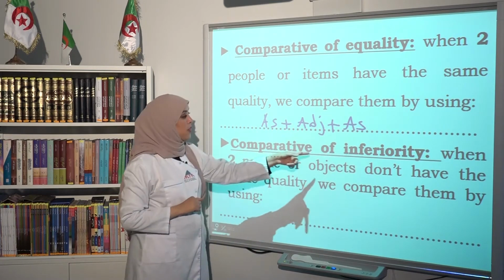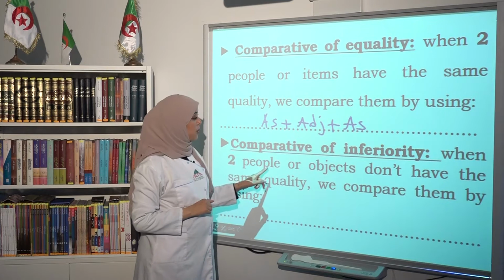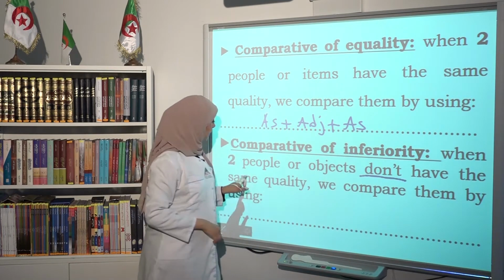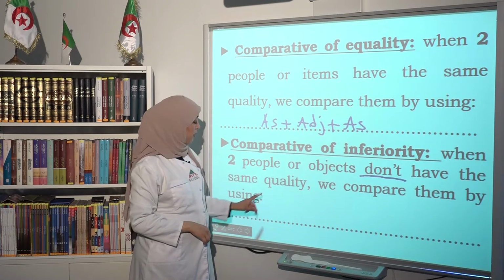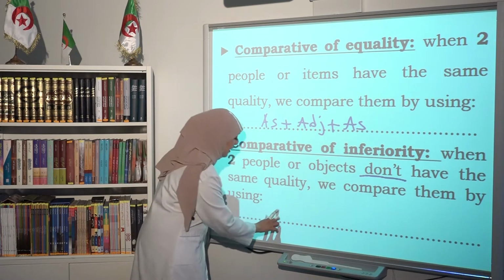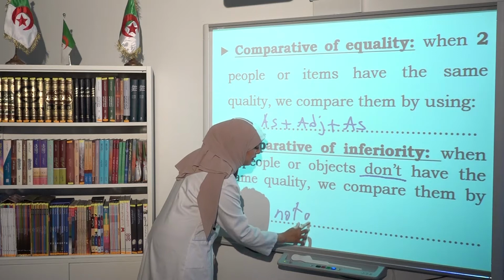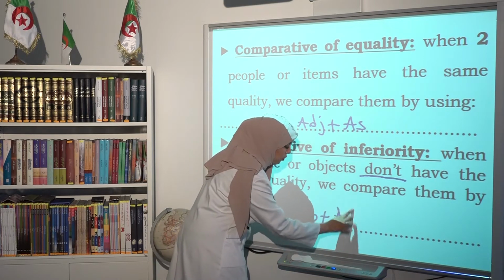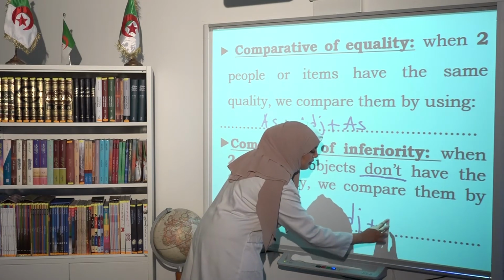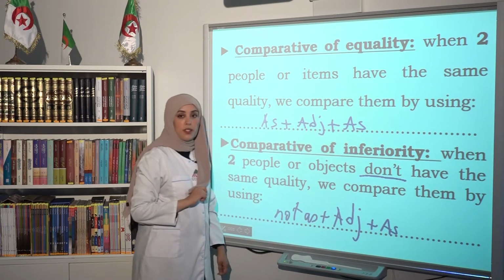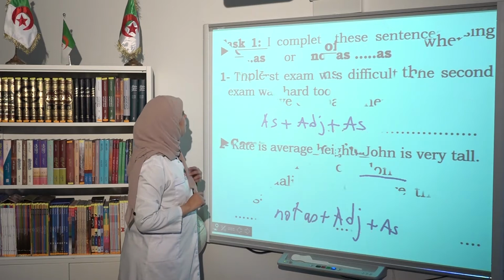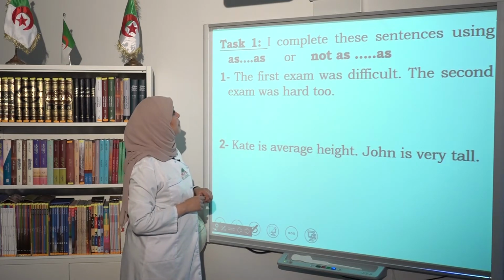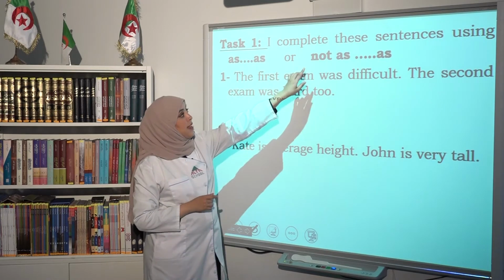Now, comparative of inferiority, when two people or objects don't have the same quality, we compare them by using what? Not as. It's not as, plus adjective, long or short, plus as. Okay, so this is the rule. Simple one. Task 1. Complete these sentences using as or not as.